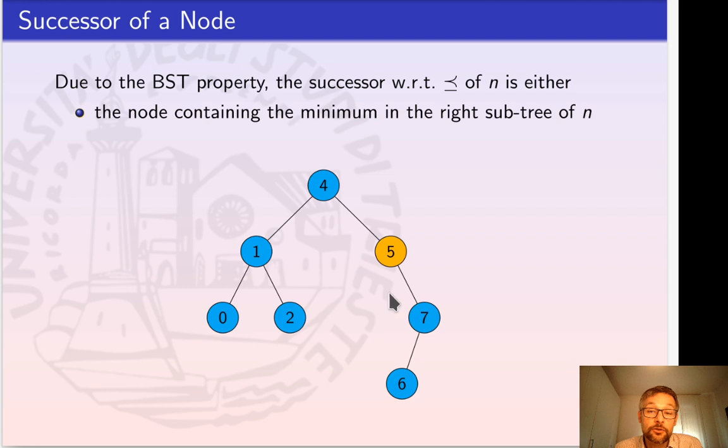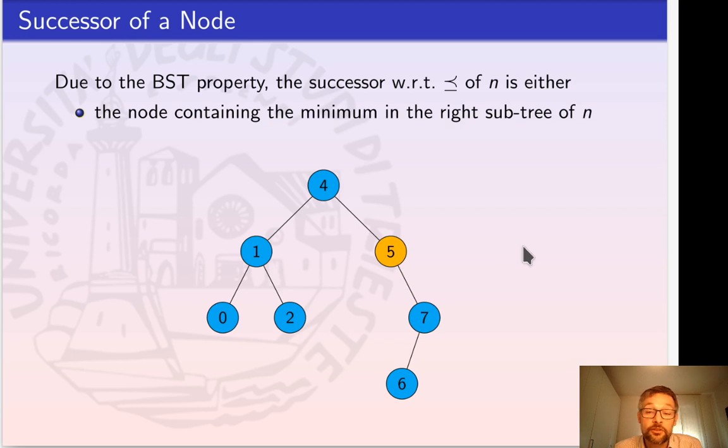Since all the values in the right subtree of 5 are greater than or equal to 5, we are searching for the minimum among those values. So a possible way to discover the successor is to search the minimum among the values in the right subtree of 5.